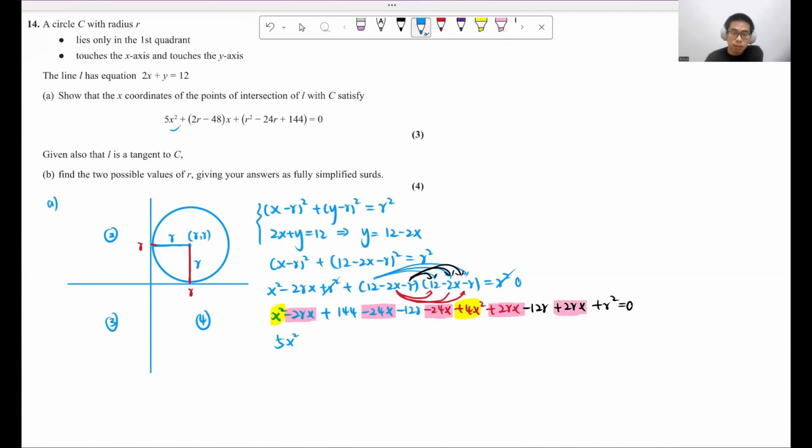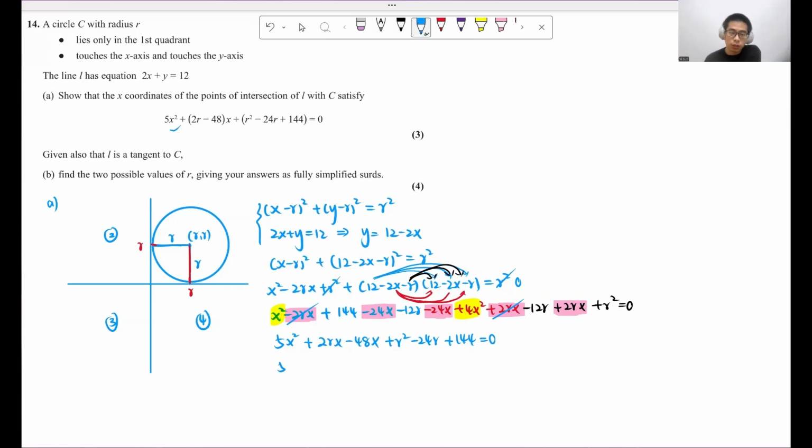Minus 2rx cancels out with positive 2rx, so the only remaining terms are minus 48x plus 2rx, which is 2rx minus 48x. For the constant terms, we have r squared, minus 24r, plus 144, equal to 0.